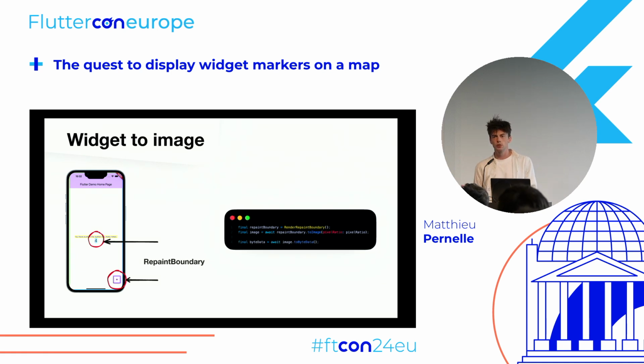You probably used it when you want to optimize repaint phases within a Stack. It's the RenderRepaintBoundary, because it exposes to us a toImage method that will convert any widget into an image, and then we can get the byte data and add it to Google Maps.